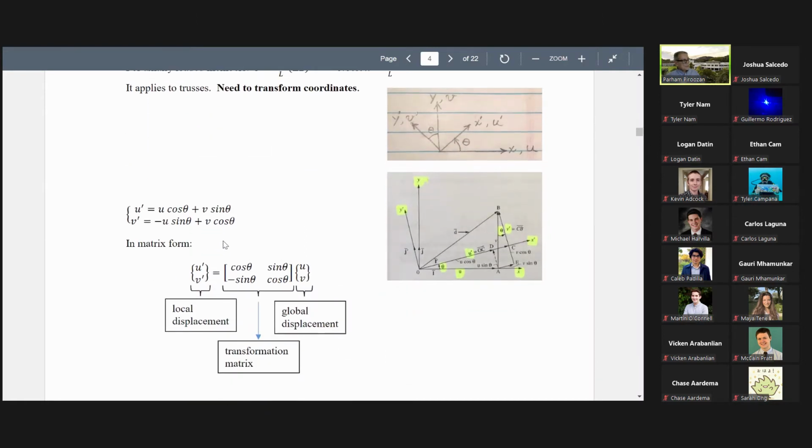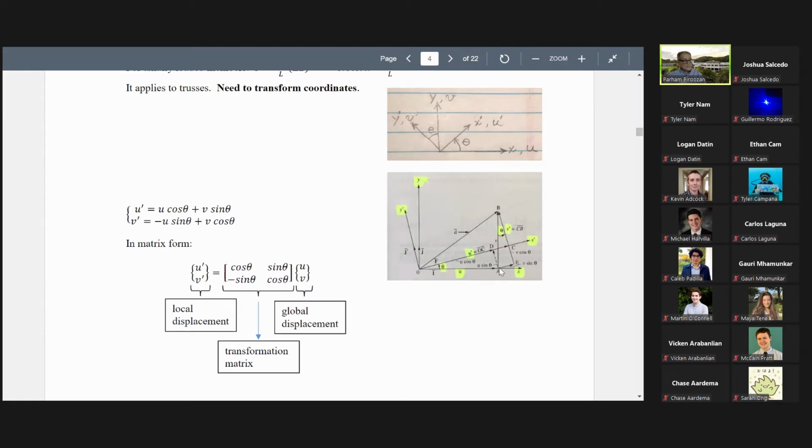Now, from geometry, I have highlighted some points which are important to pay attention to. This is the global xy coordinate system, and this is x prime, y prime, the local, attached to the element, with angle theta here.